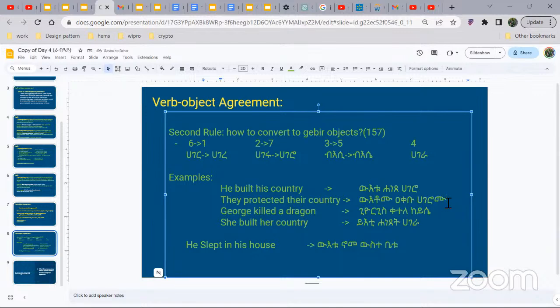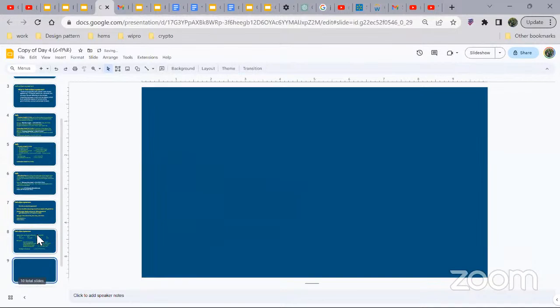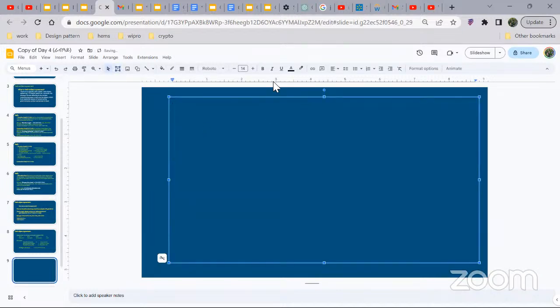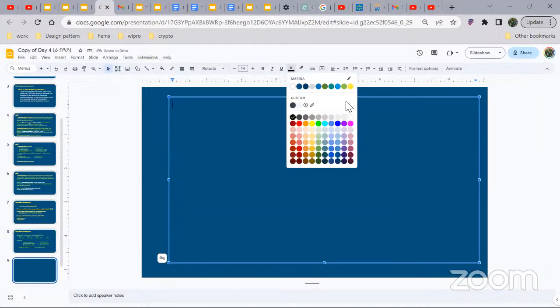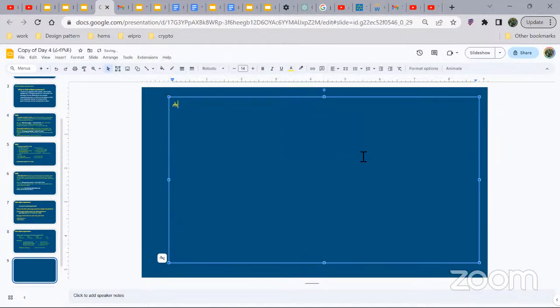Let's take this one and let's make the whole sentence. Insert text, okay. Let's compare it with English.